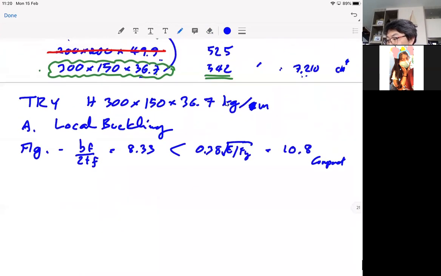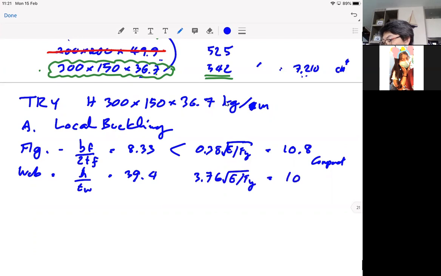And then the web. Again, you can pick the h over tw from the table. And that is going to be equal to 39.4. We compare this to the very huge limit 3.76 square root E over Fy.